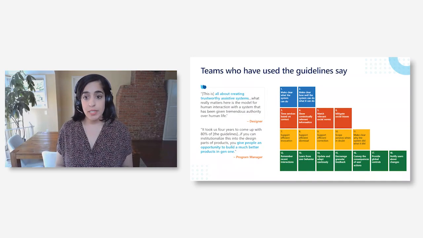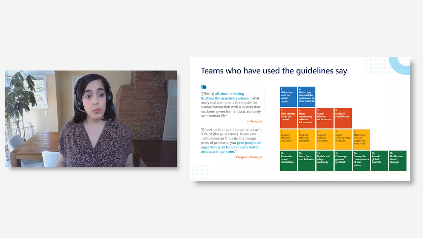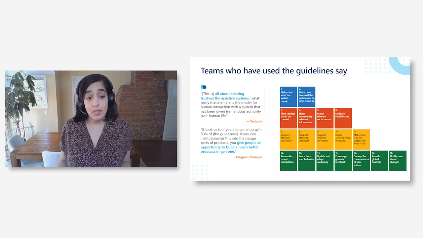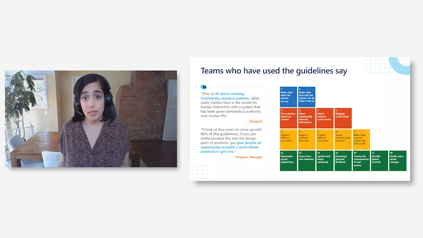But they are being used by teams across the company and externally. And what some folks have said is that these guidelines are all about creating trustworthy and assistive systems. Because what really matters here is the model for human interaction with a system that has been given really tremendous authority over human life in many cases.